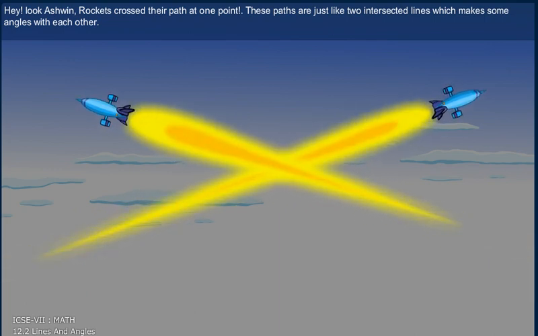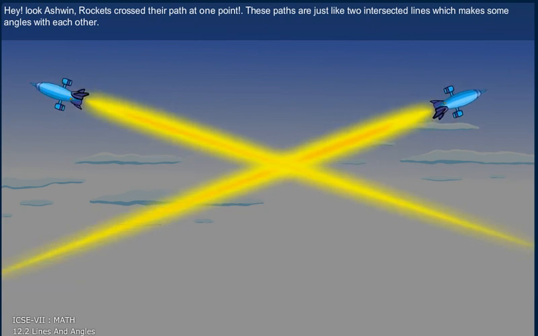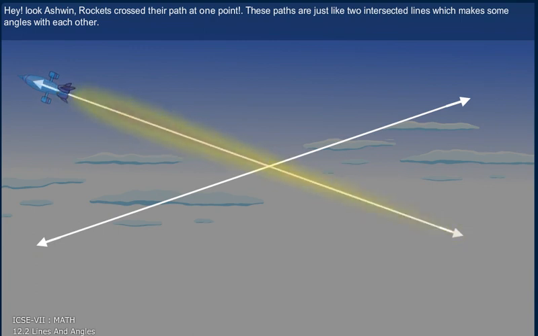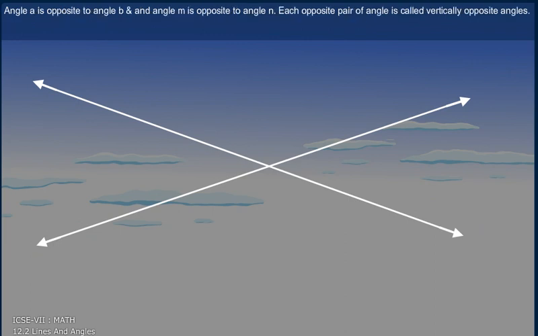These paths are just like two intersecting lines which make some angles with each other. Angle A is opposite to angle B and angle M is opposite to angle N. Each opposite pair of angles is called vertically opposite angles.